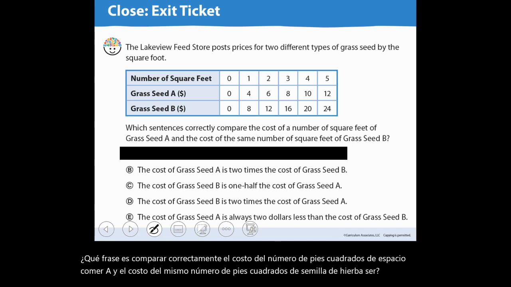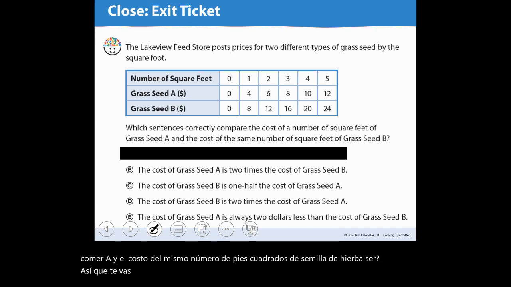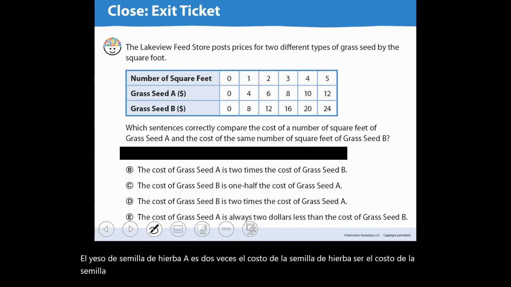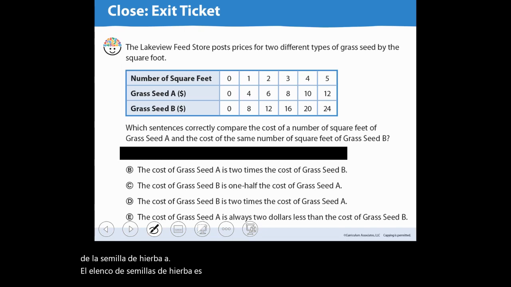You're going to choose one of these. The cost of grass seed A is 2 times the cost of grass seed B. The cost of grass seed B is 1/2 the cost of grass seed A. The cost of grass seed B is 2 times the cost of grass seed A. The cost of grass seed A is always $2 less than the cost of grass seed B.